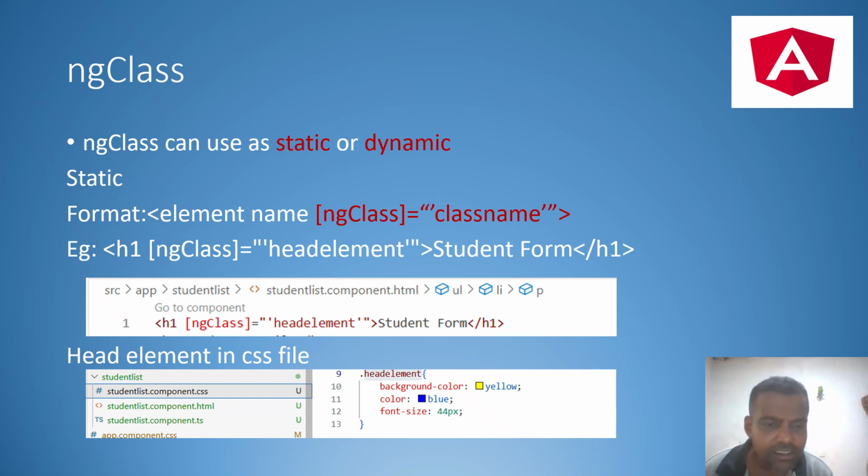Then we can bind using the ngClass directive. In that case we have to type single quotes for the CSS class. Here you can see I created a heading element CSS class and referred to it in the HTML file.